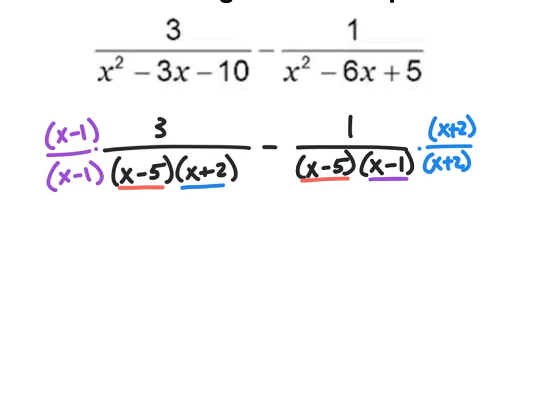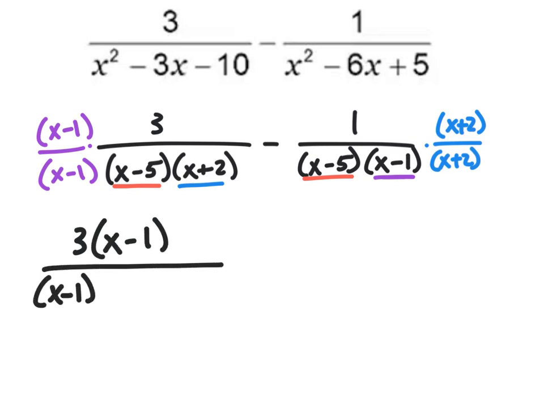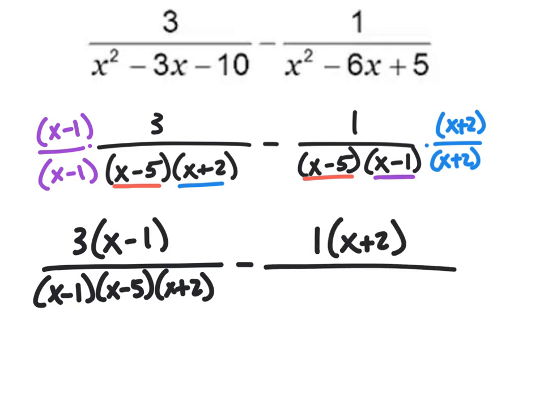So on this one, let me write this as 3 times x minus 1 all over x minus 1 times x minus 5 times x plus 2, okay? And then minus 1 times x plus 2 all over x minus 5 times x minus 1 times x plus 2, okay?